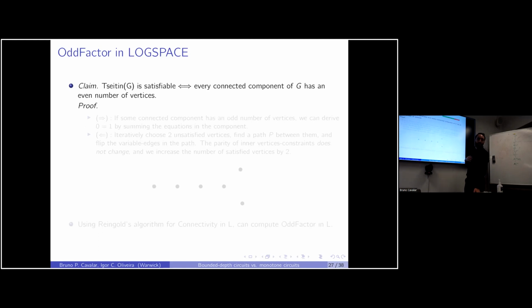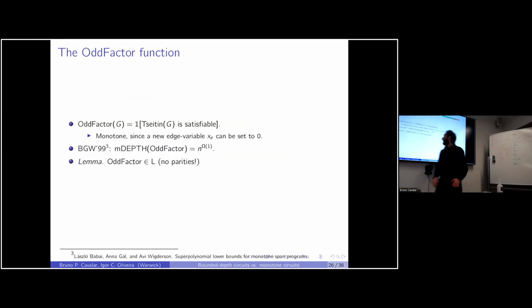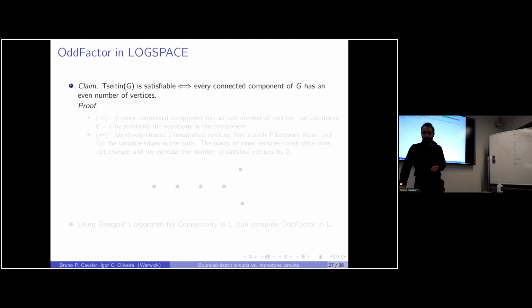This Tseitin formula of the graph is satisfiable if and only if every connected component of the graph has an even number of vertices. The upper bound is for any graph, yes. The graph is part of the input. You're deciding if a given graph is satisfiable, deciding that the formula is satisfiable.